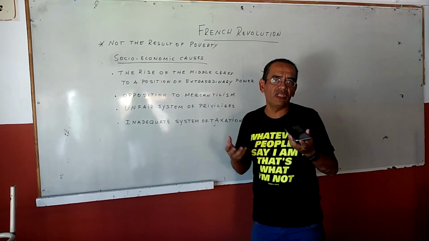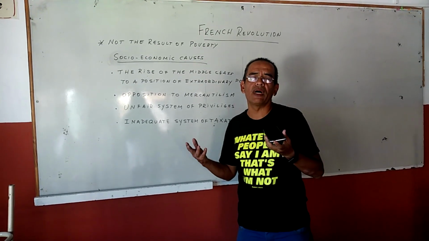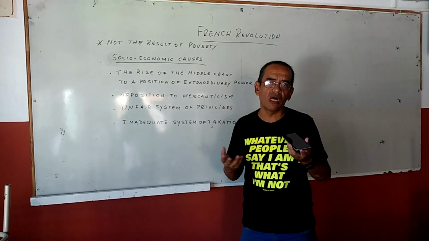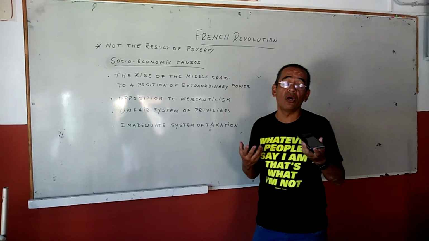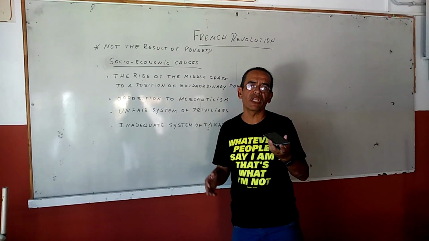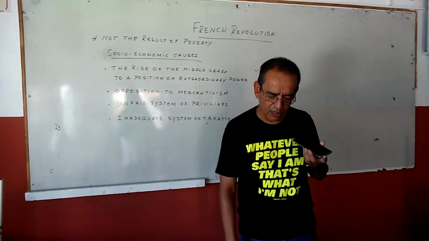It was very expensive that they were obliged to buy there. They couldn't buy in other places. That is to say, competition was not allowed. So they saw in the possibility of the revolution this chance of getting rid of this mercantilistic policy and to control the political power of the state.